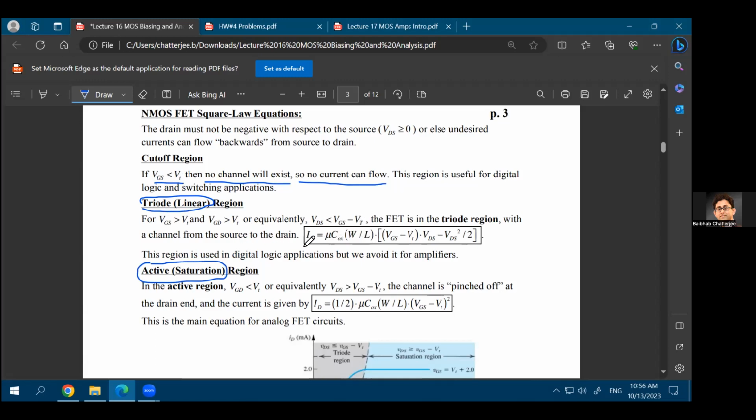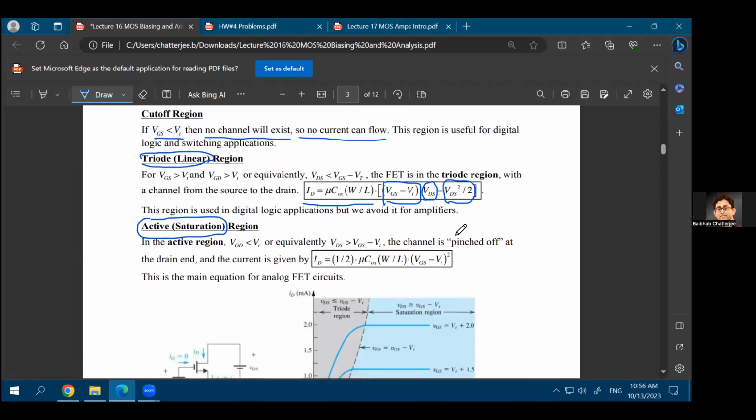In the triode region, ID is equal to mu times COX times W over L multiplied by VGS minus VT, that's your overdrive, multiplied by VDS minus half VDS squared. So that's your equation for the triode region. In the saturation region, the equation is much simpler: half mu COX times W over L times VGS minus VT whole squared.